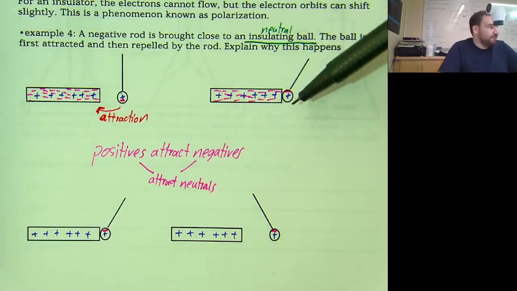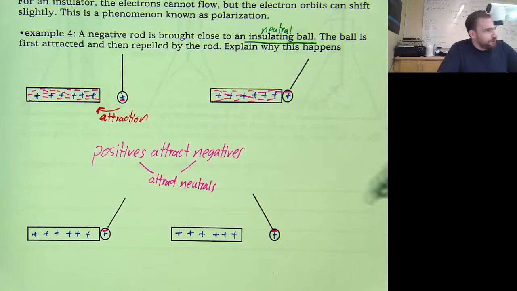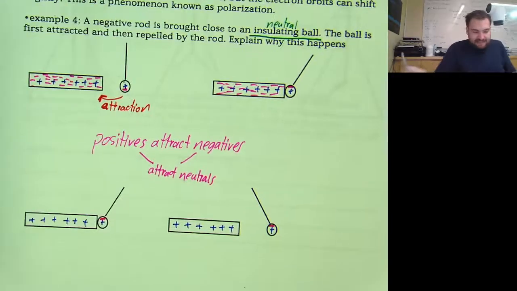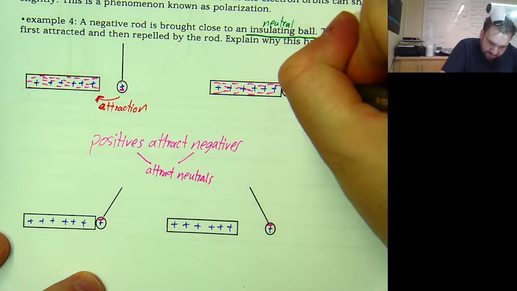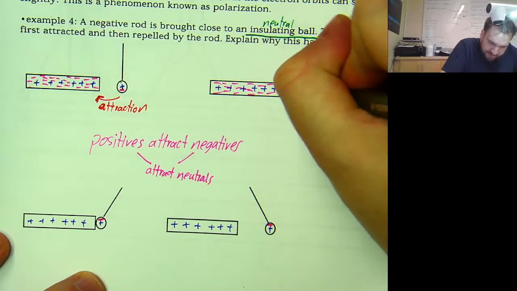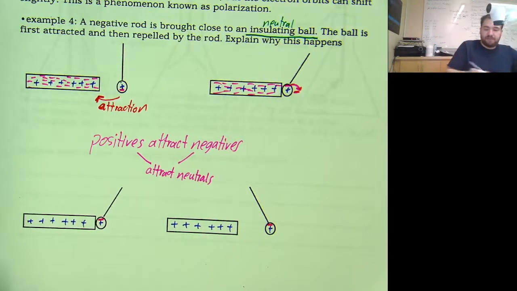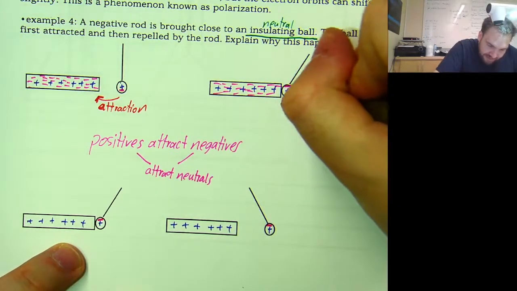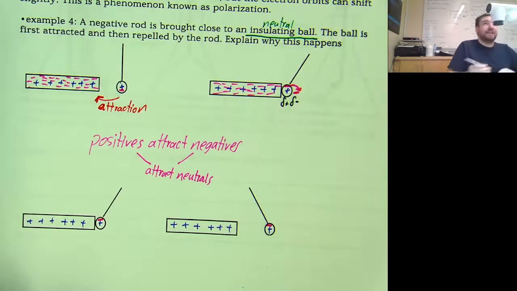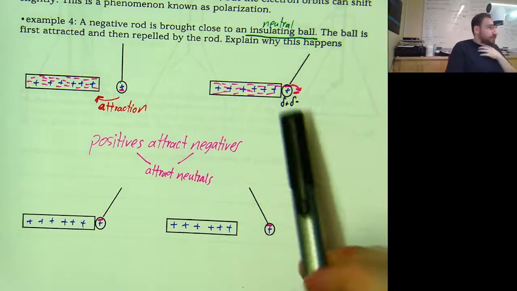This is an insulating ball, so the electrons can't flow per se, but they can shift in their location. So what actually ends up happening is that this electron that was located here is going to shift to this side, so that this object here is going to have a partial positive on the left side and a partially negative charge on the right-hand side, even though that object as a whole is still neutrally charged.